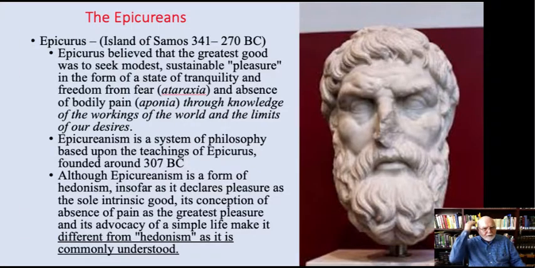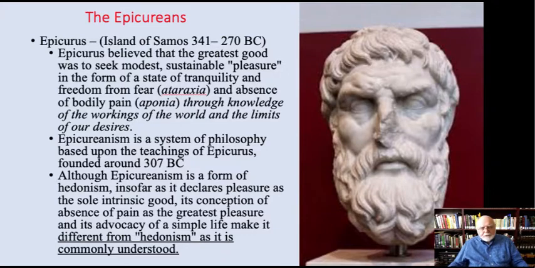A successor in this whole area was Epicurus and the Epicureans. Now, it's important to distinguish the form of hedonism associated with Epicurus and his predecessors, because there's a sense in which his school was quite different.